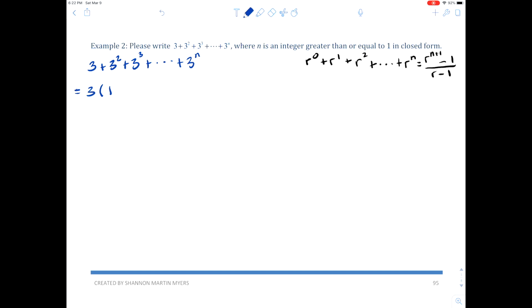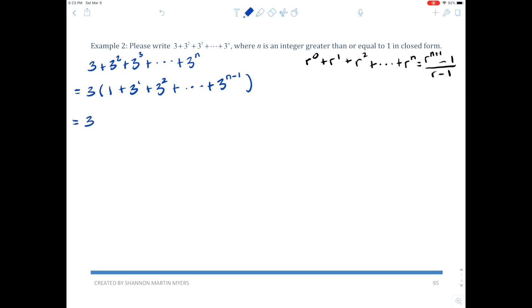So I have 1 plus 3 to the 1 plus 3 squared plus dot dot dot plus 3 to the, all of them went down by 1, so won't it be 3 to the n minus 1? Cool, cool. Well, now that I've started this at 1, I can just plug in n minus 1 wherever I see an n in the formula.